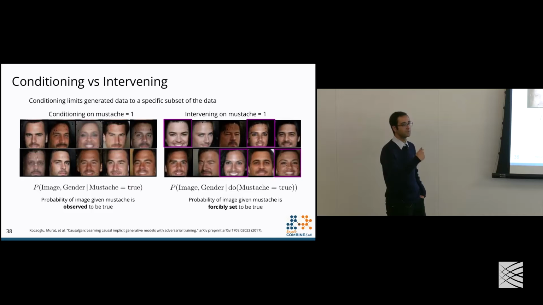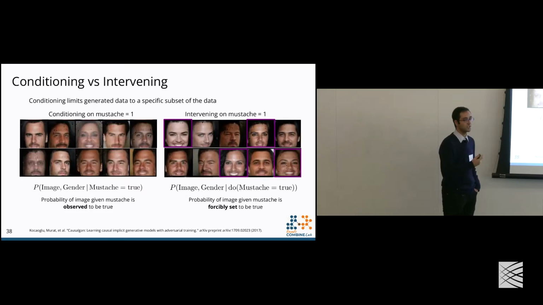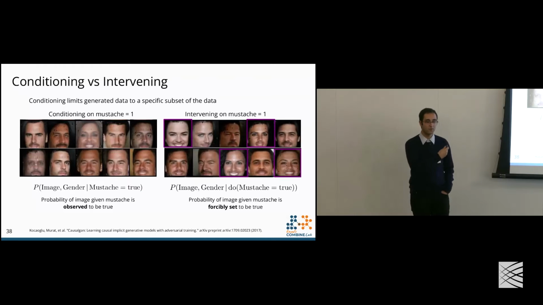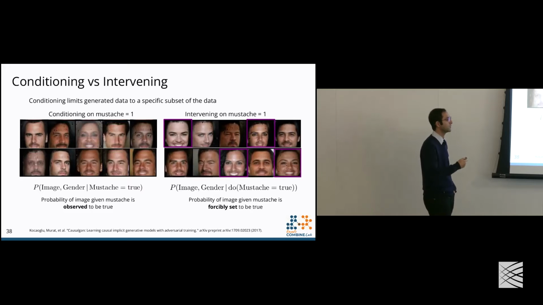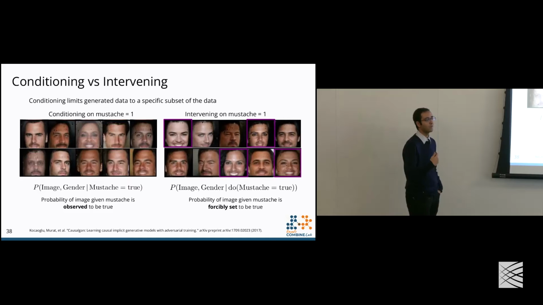So we're simply observing the data very passively and seeing which ones are true. Now, when we're intervening on mustache equal to 1, following what we do on the causal graph which we just saw, we're, in addition to generating from the male population, generating females with mustaches. We're forcing them to grow mustaches. And that's why here we're generating from an interventional distribution and not from an observational one.